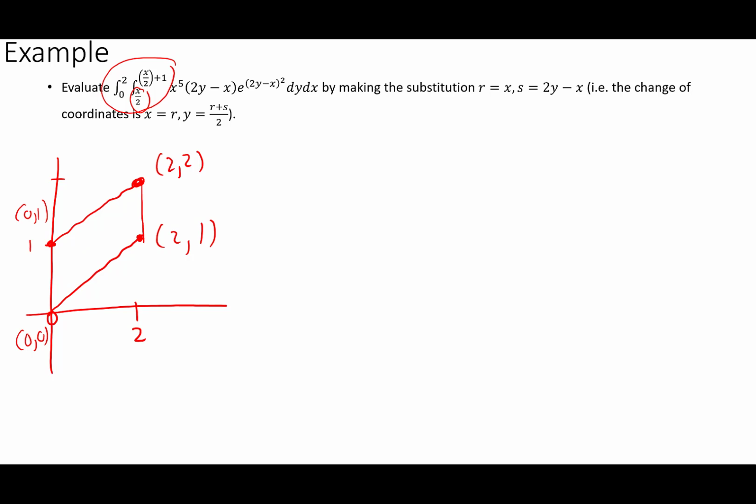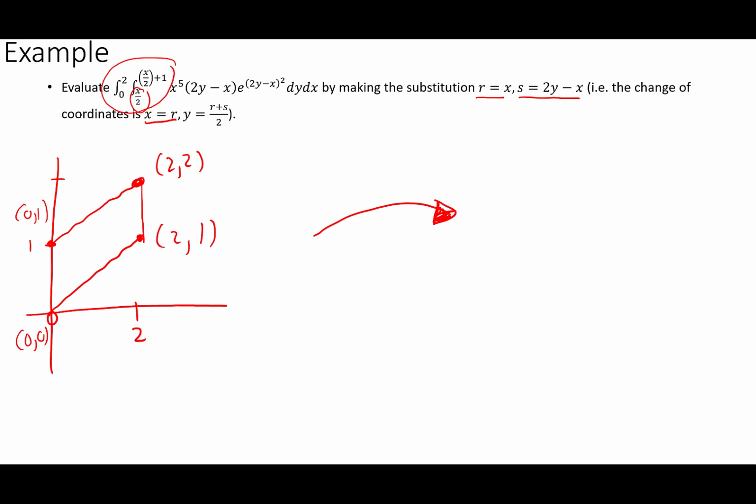Now, if we make this change of variables, this substitution, r is equal to x, s is equal to 2y minus x, or in other words, x is equal to r, y is equal to r plus s over 2, then this is going to change this region. Let's see what happens to this region under this transformation.